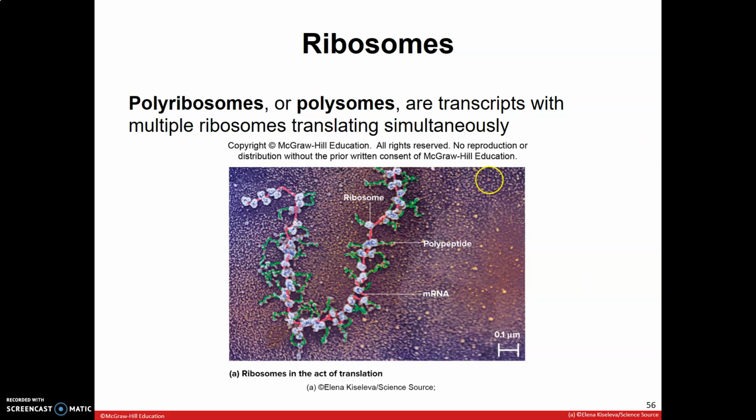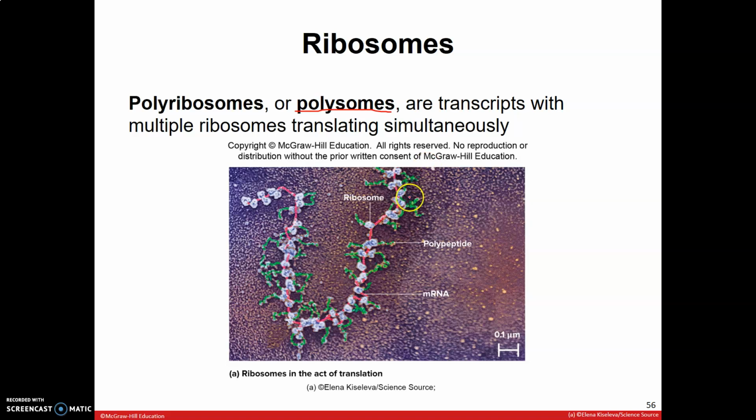Now, ribosomes can occur as individual ribosomes, or they can occur along a length of messenger RNA to form what we call a polyribosome or a polysome. For a long time, it was thought that polyribosomes occurred only in bacteria, but polyribosomes have also been seen in eukaryotic cells.